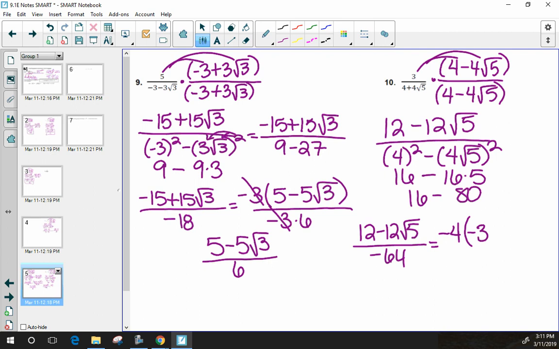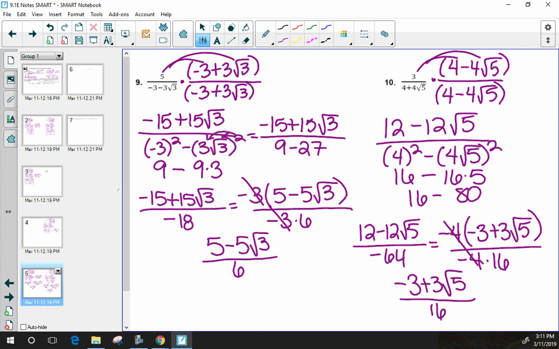That leaves us a negative 3 here and a positive 3 square root of 5. In the denominator, I can split this as negative 4 times 16, and then I can reduce by that negative 4. So our simplified version, when it's all said and done, is negative 3 plus 3 square root of 5 over 16. There it is. Any questions? Are y'all good?